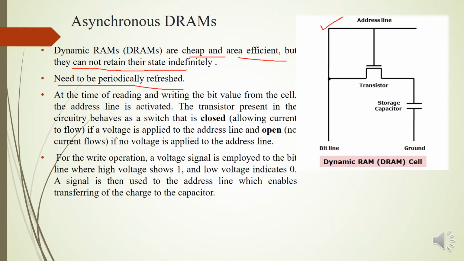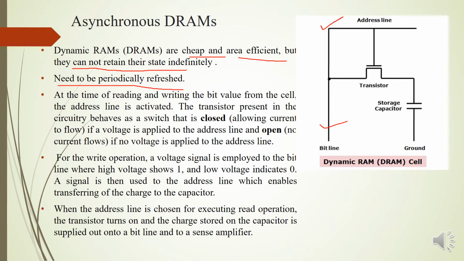For a write operation, a voltage signal is applied to the bit line, where high voltage shows 1 and low voltage indicates 0. A signal is then applied to the address line to enable transfer of the charge to the capacitor. When the address line is chosen for a read operation, the transistor turns on and the charge stored on the capacitor is supplied out onto the bit line and to a sense amplifier.